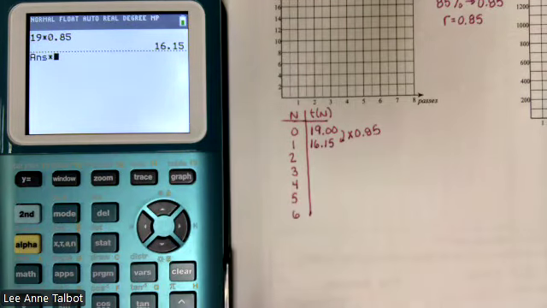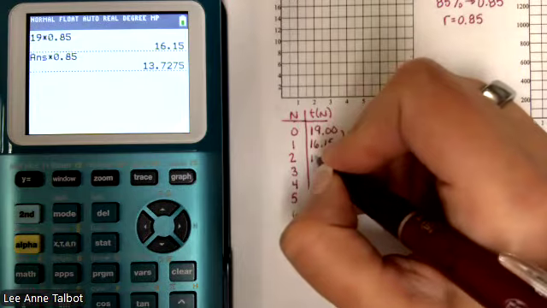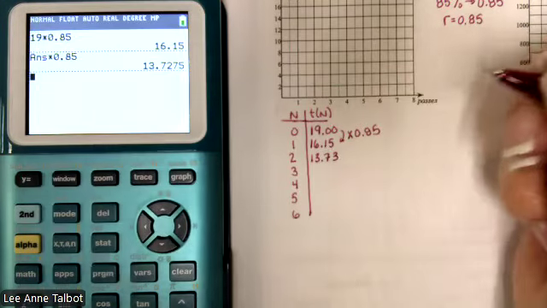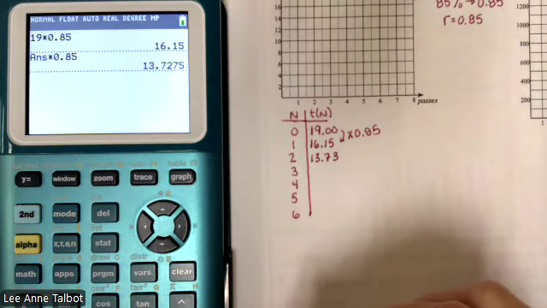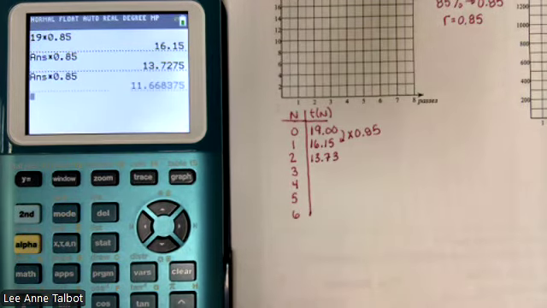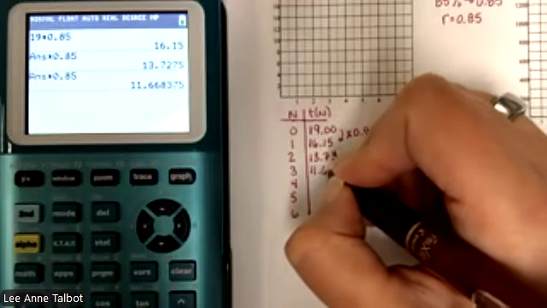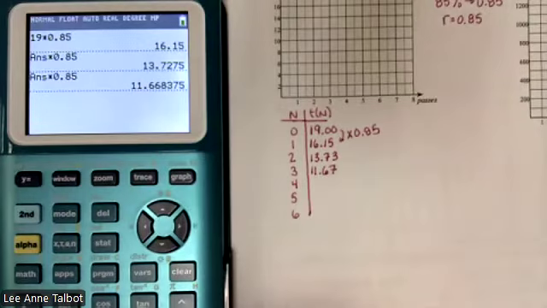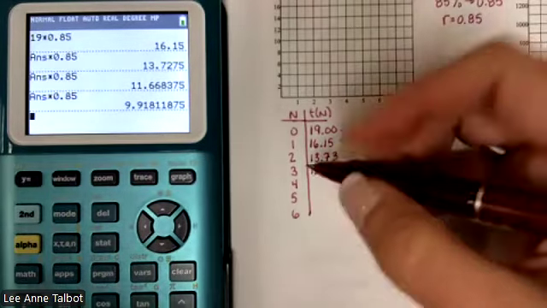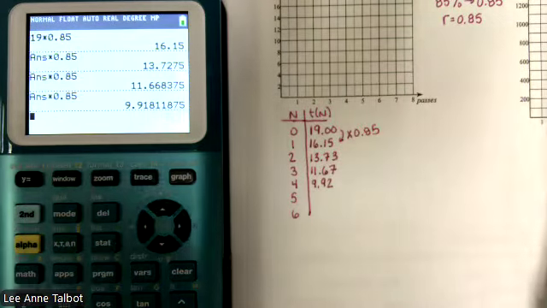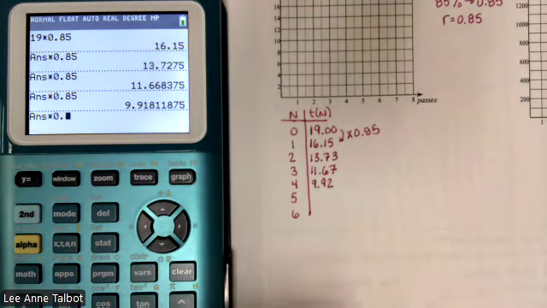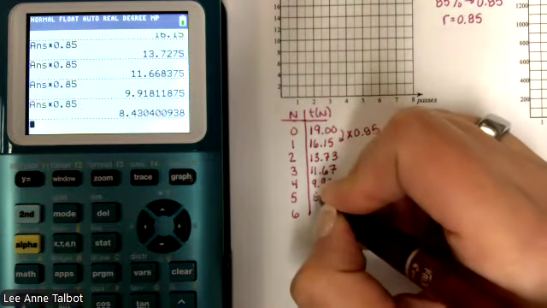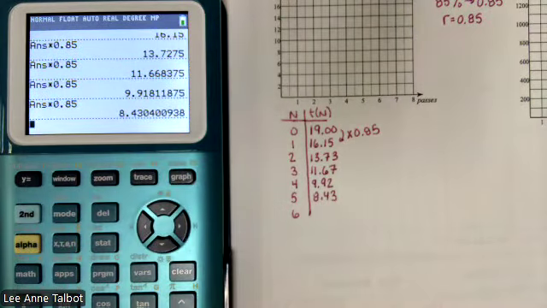I just want you to go times 0.85. Times 0.85. Times 0.85. Times 0.85.